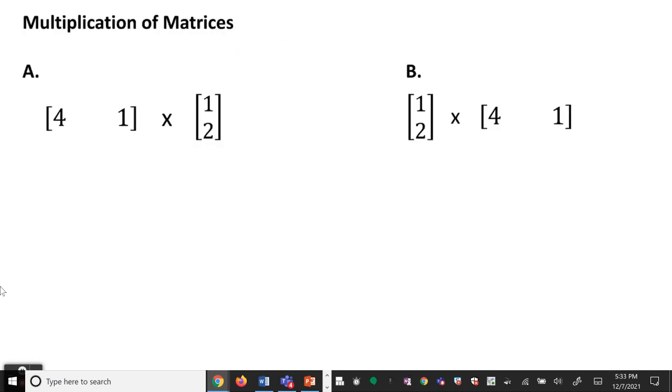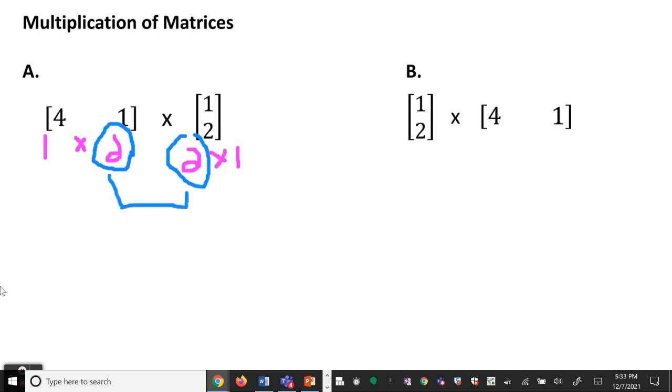Okay, so the first one is 1 by 2, 1 row, 2 columns. And the second one is 2 rows and 1 column. In order for you to be able to multiply, you have to look at this number and this number: the number of columns of the first matrix and the number of rows of the second matrix.